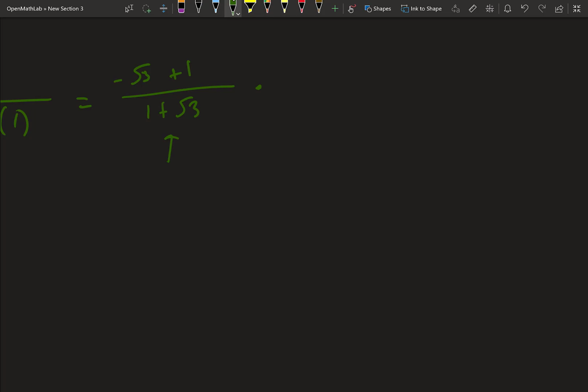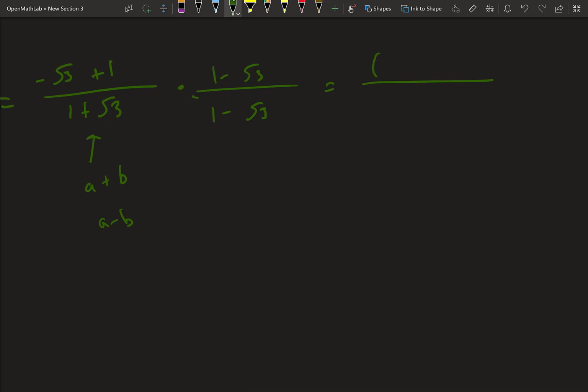So think of this as a plus b. We want to multiply it by the conjugate, which is a minus b. So in other words, we would take this and multiply by 1 minus radical 3. And we have to multiply the top by that as well. So I have to FOIL the top.